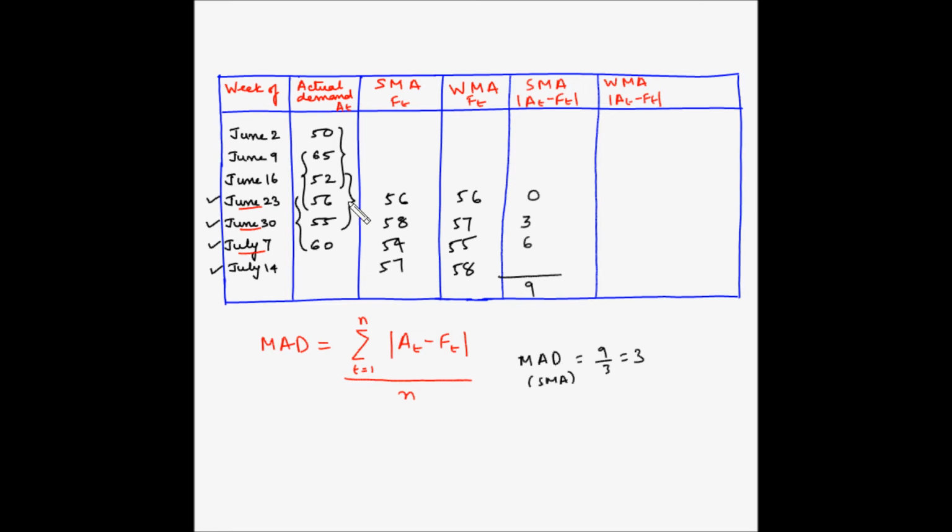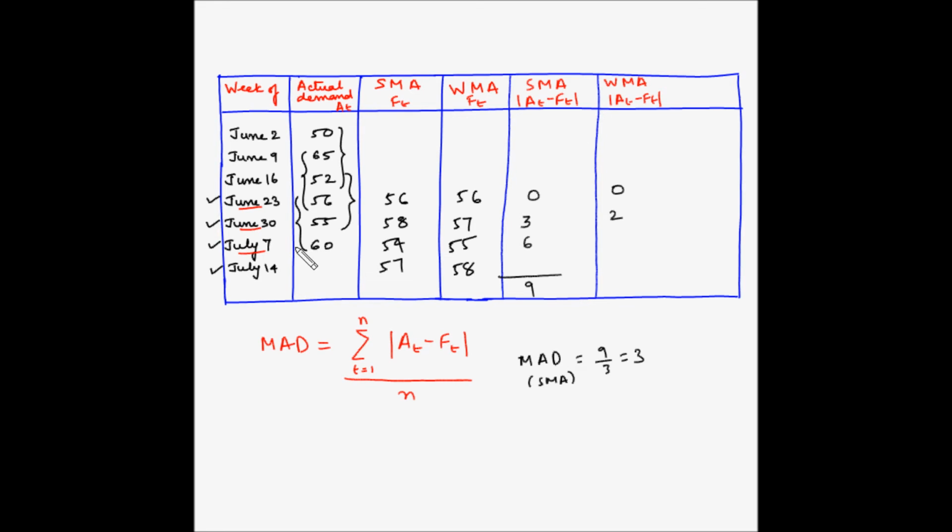For the week of June 23rd, the actual is 56 and the forecast is 56, so the difference is 0. For the week of June 30th, the actual is 55 and the forecast is 57, so 55 minus 57 is minus 2 and the absolute value becomes 2.